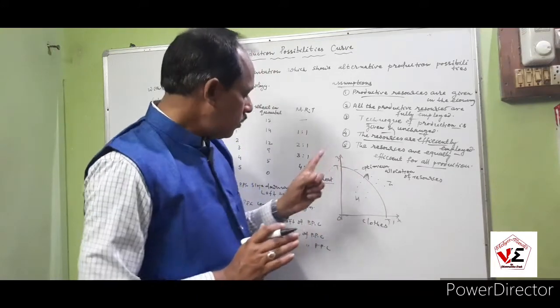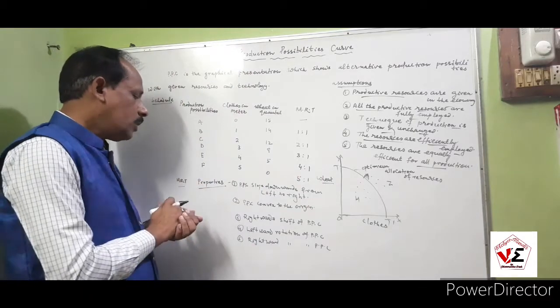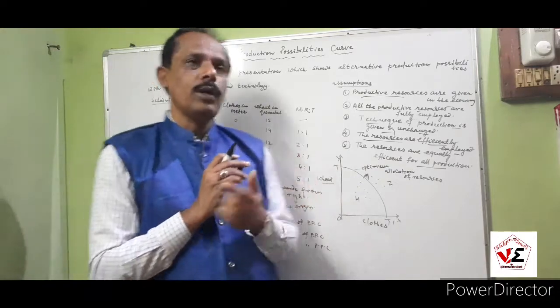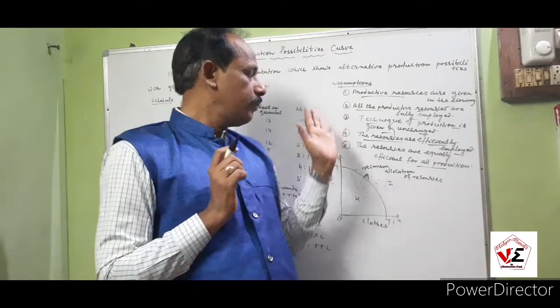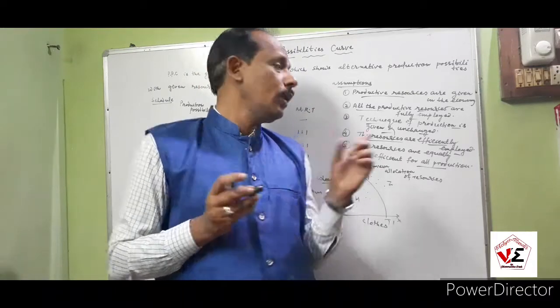Understand? Now we discuss some properties of the production possibility curve. It slopes downwards from left to right. Why does the PPC slope downwards from left to right? Due to MRT.